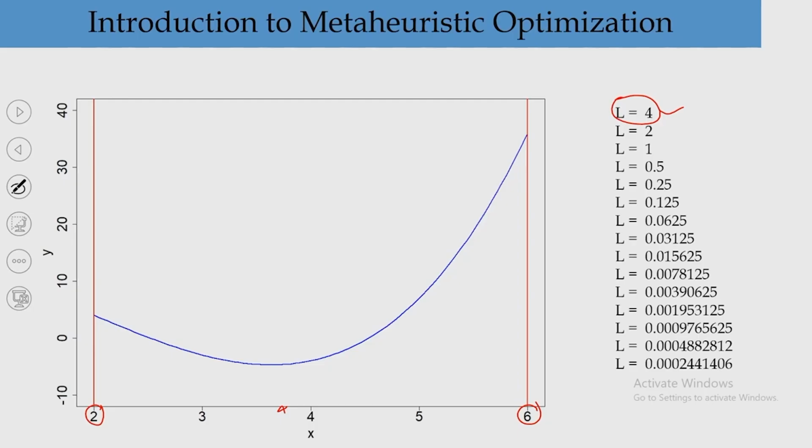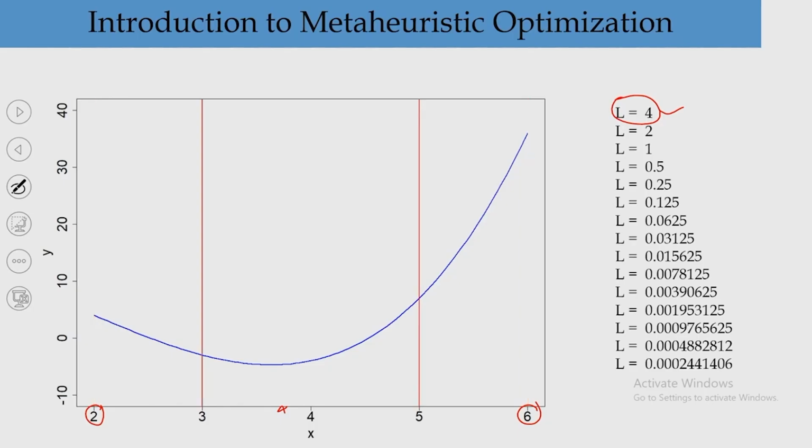Now, if I apply the interval halving method, after one iteration, in the second iteration I am getting the lower bound equal to 3 and upper bound is 5, and the length is equal to 2. Then in the next iteration, the length I am getting is 1, lower bound is 3, upper bound is 4.